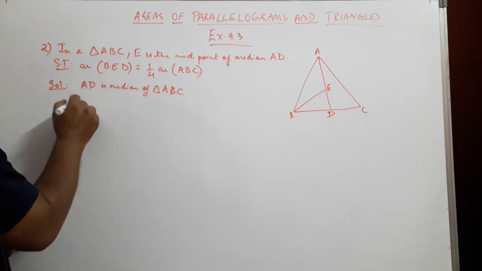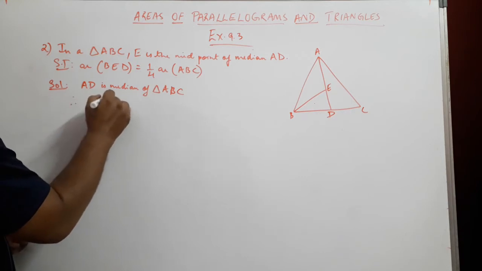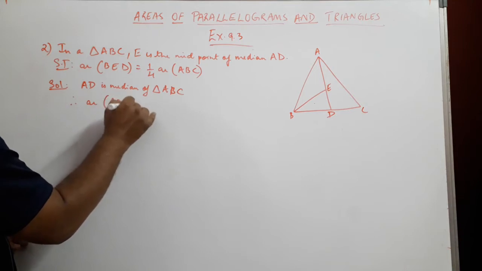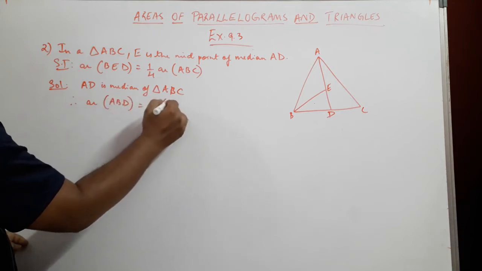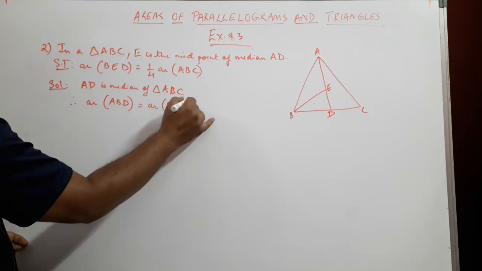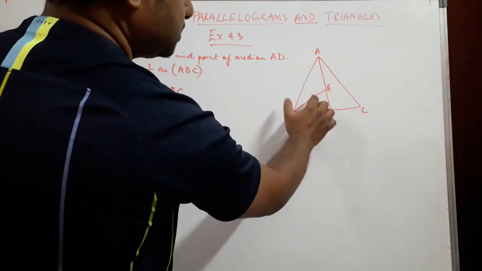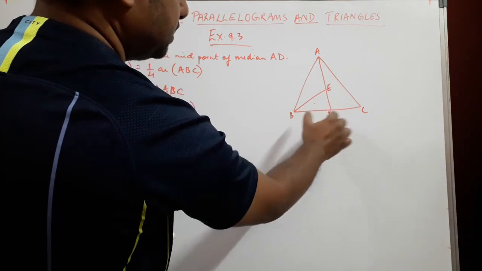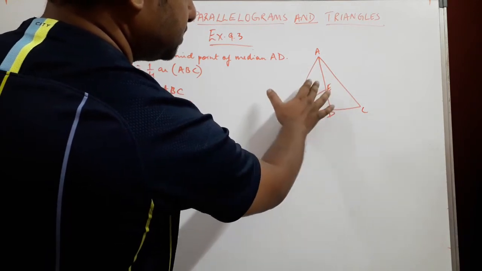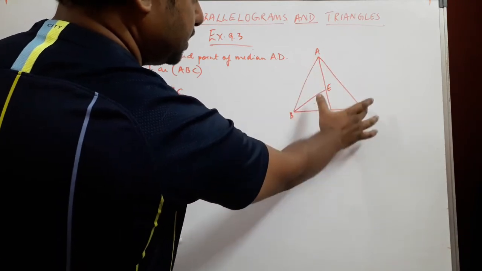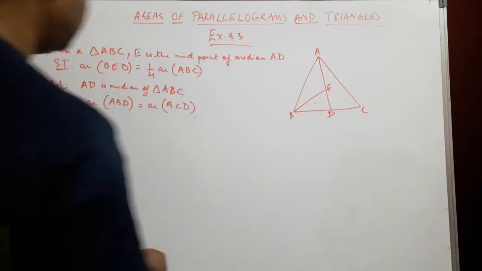So we can say therefore area of triangle ABD will be equal to area of triangle ACD. This median divides this particular triangle ABC into two equal parts. That means the areas are equal, that is ABD area is equal to the area of triangle ACD.